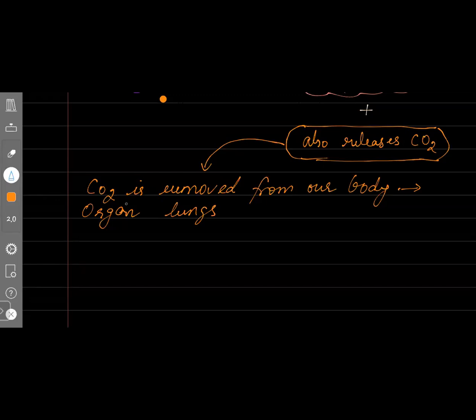Lungs. So the organ here is lungs. The lungs will help in the removal of carbon dioxide during exhalation. Exhalation means releasing the carbon dioxide outside. Therefore lungs can also act as an excretory organ.